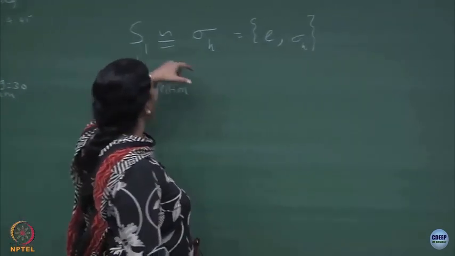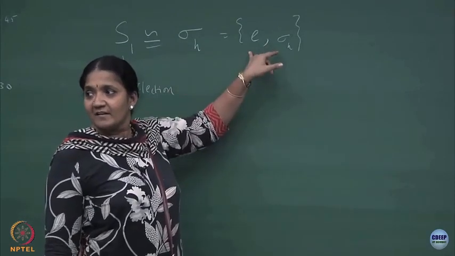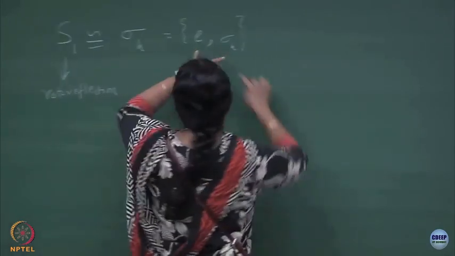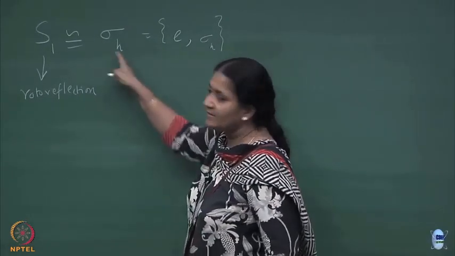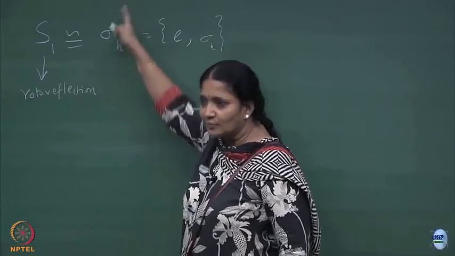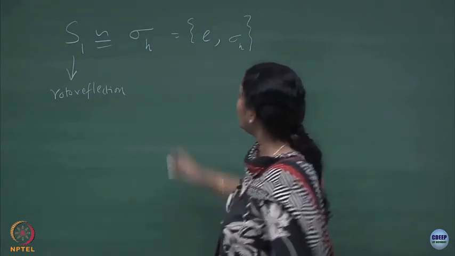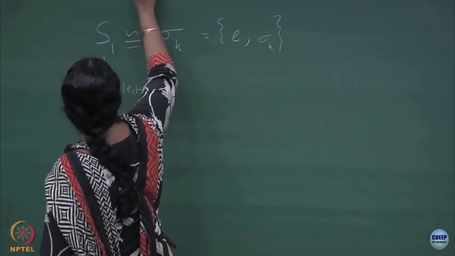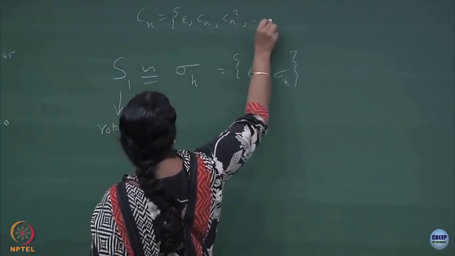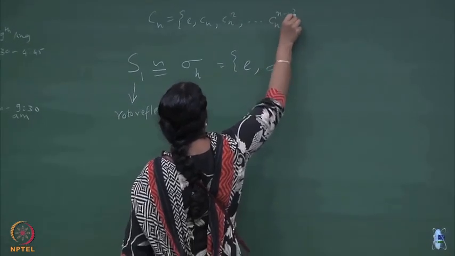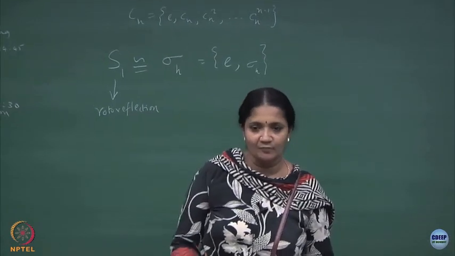S1 is nothing but the mirror plane symmetry, and that also forms an order 2 trivial group. As I said, generators are sometimes written as the group element also. The group is also denoted by the generator. For example, Cn, you can write it as E, Cn, Cn squared. This is the way of writing it.